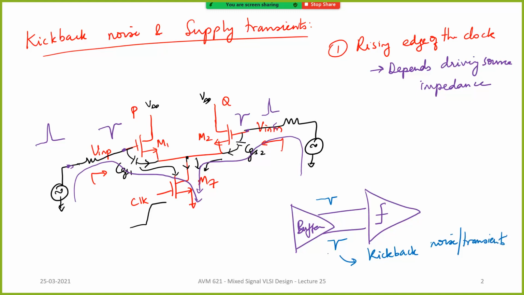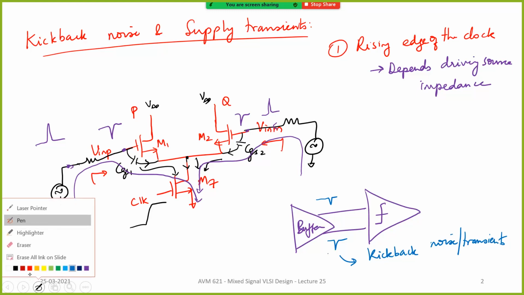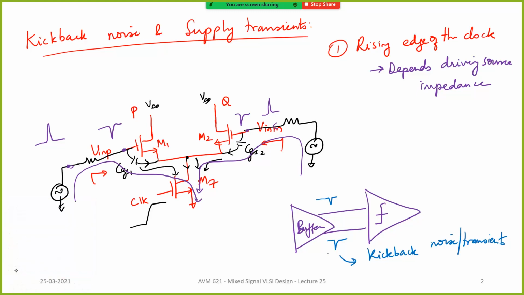Now, because both M1 and M2, the differential voltage is small, we can safely say that this is a common mode noise or transient. That is, both your plus and minus see a similar amount of glitch here. Okay, and this is because of this.